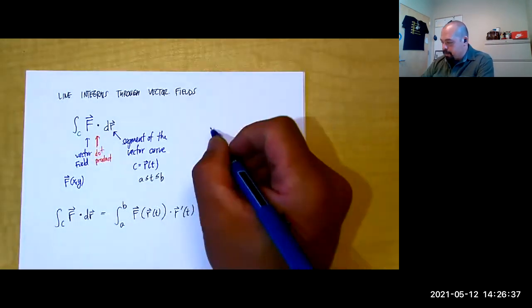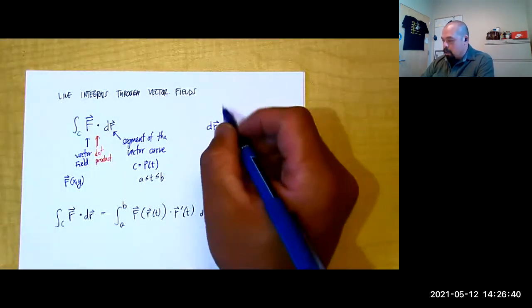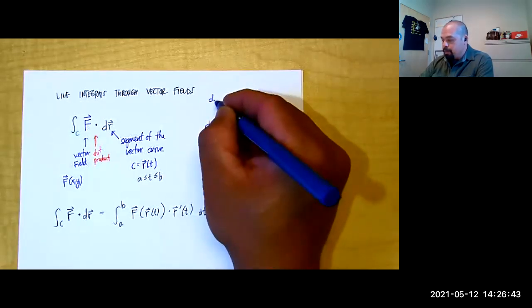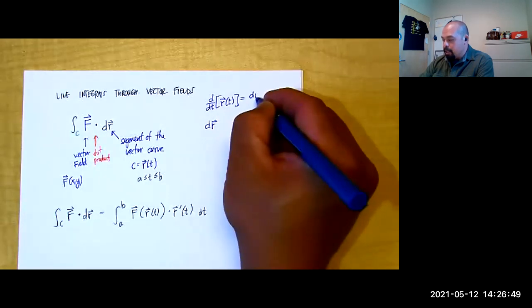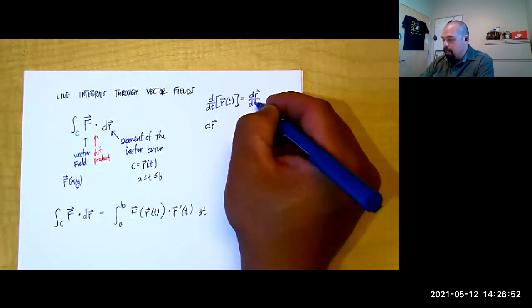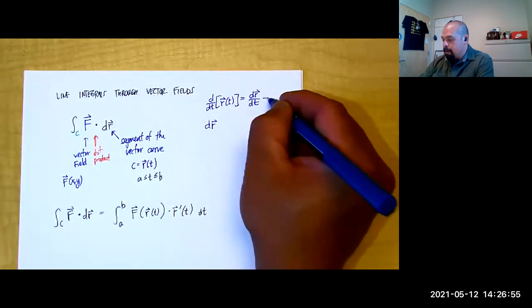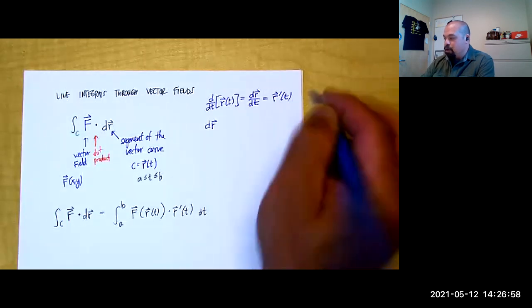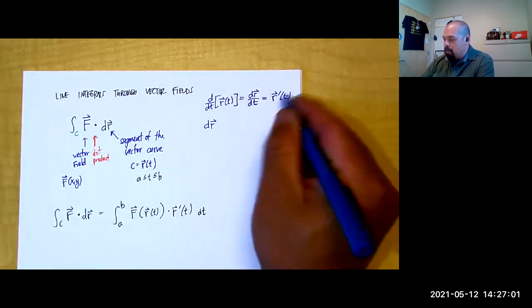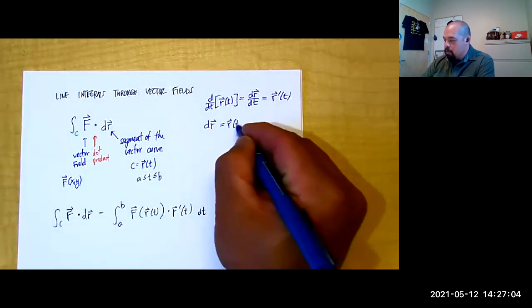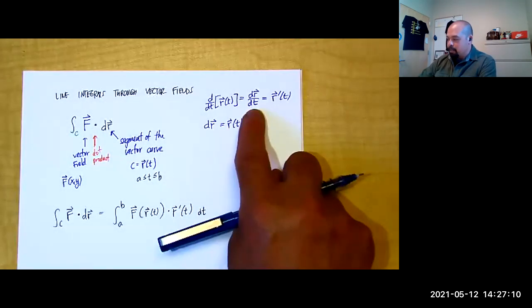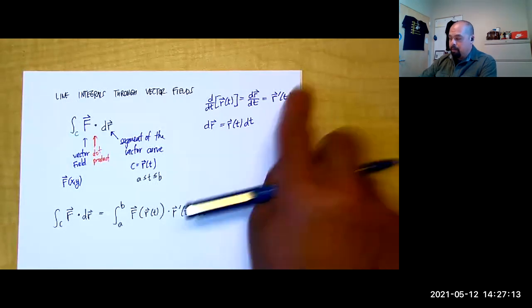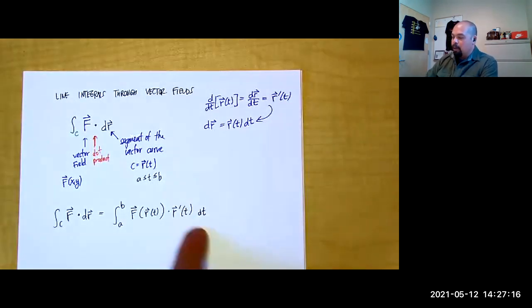Okay, and maybe off to the side here, dr, if we do d dt of the r of t, that's going to be dr dt, whatever that derivative component-wise looks like, multiplying both sides by that dt, that's how we're getting that dr component to be that expression.